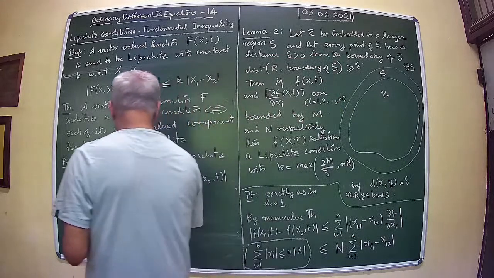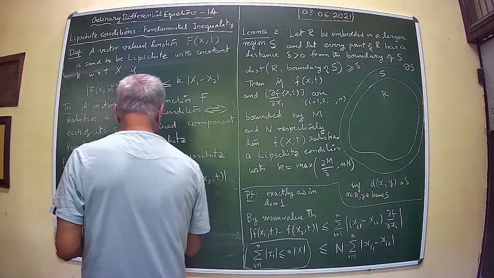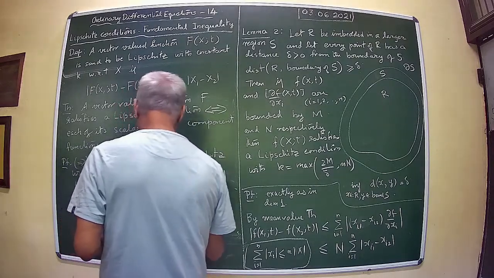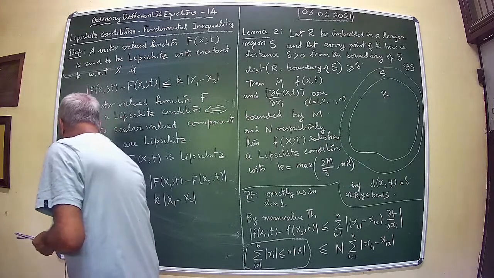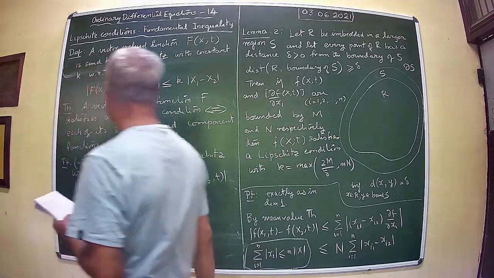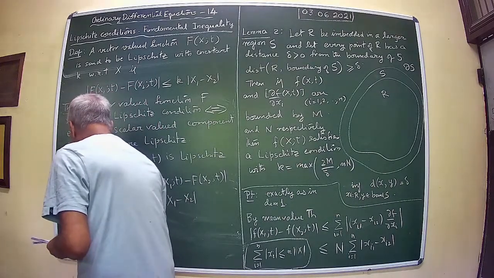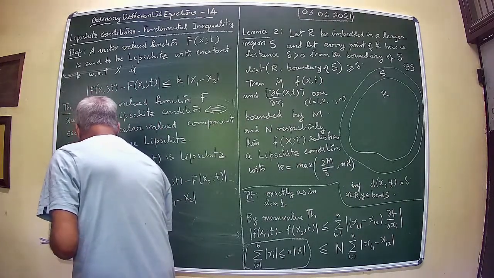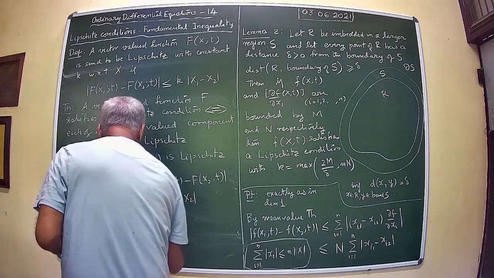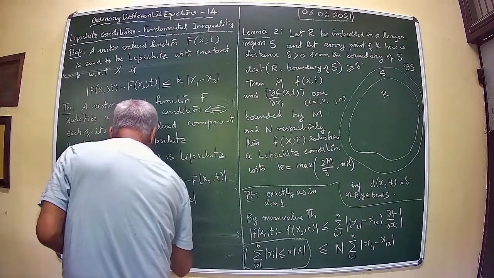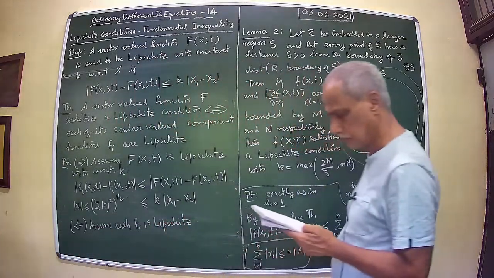And this of course is known to be Lipschitz, therefore it is k times the norm of x1 minus x2. So one way it is simple. The other way around, namely assume each Fi is Lipschitz.